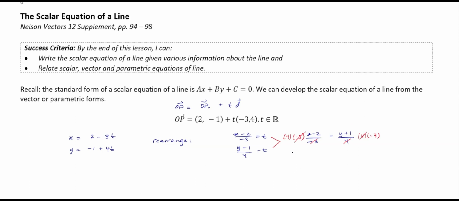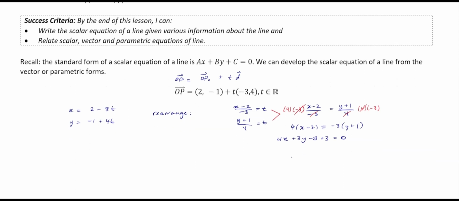Okay. So 4 times x minus 2, and then -3 times y plus 1. Okay, I'm going to expand that, and so I'll get 4x, and then I'm going to bring this -3y over to the other side, so plus 3y, and then 4 times -2 is -8. -3 times 1 is -3, but if I bring that to the other side, it's positive 3, and so we get 0 right there.